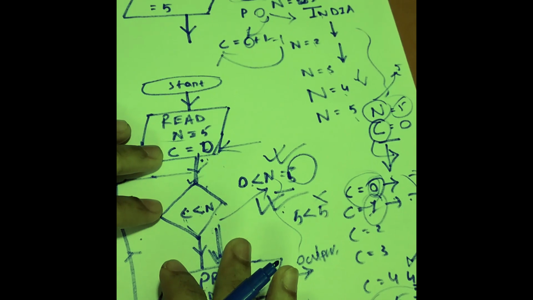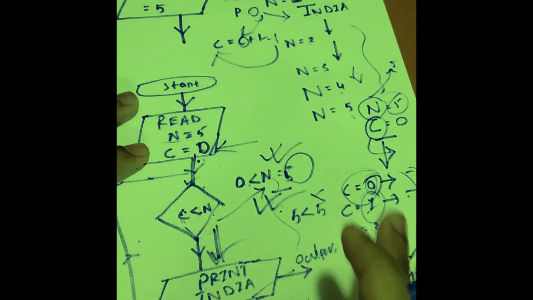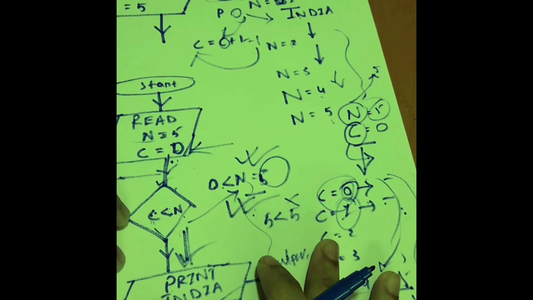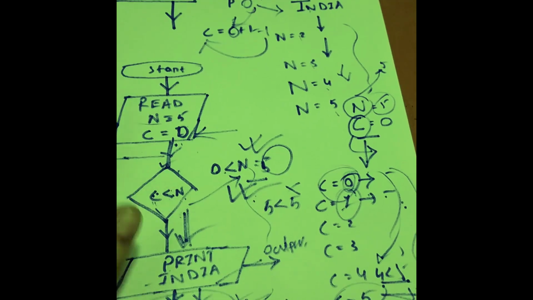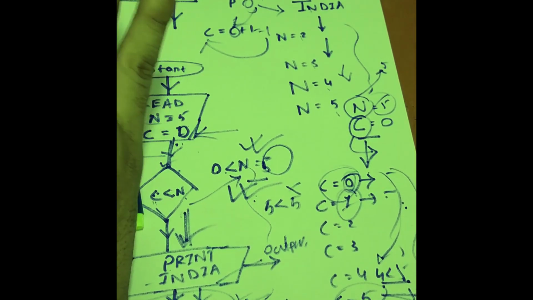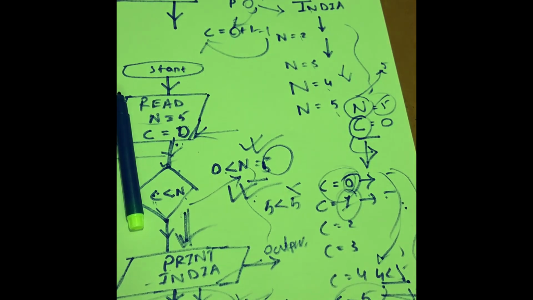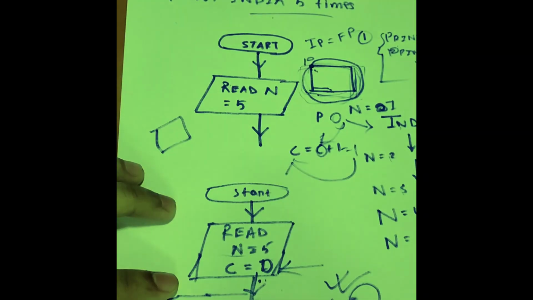I'll go to algorithm, which is very easy, just similar to this. I just have to write some code, right? So let me tell you before moving into the next topic. Any process like addition, multiplication, modulo, any kind of calculation, is done within this rectangle box.